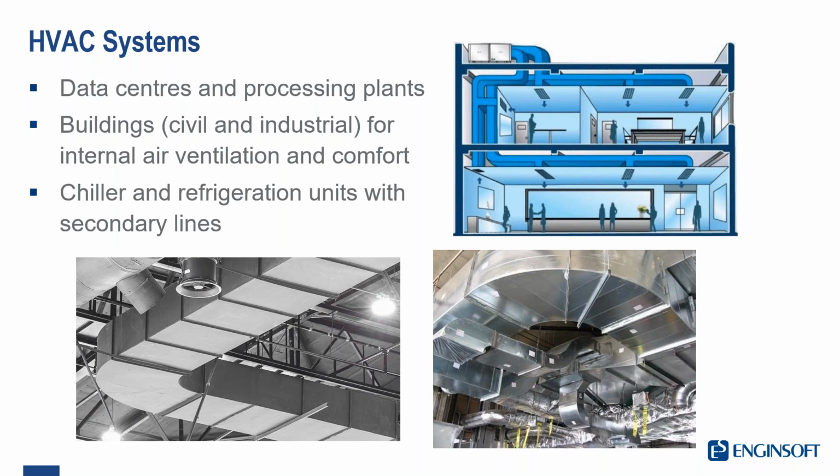And then, as secondary lines connected to the HVAC system, there are chiller and refrigerator units that allow the perfect working of the HVAC system. So it's something that should already be designed together with the entire HVAC system.